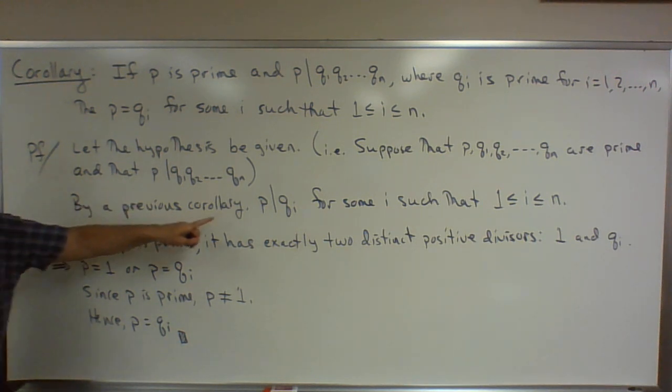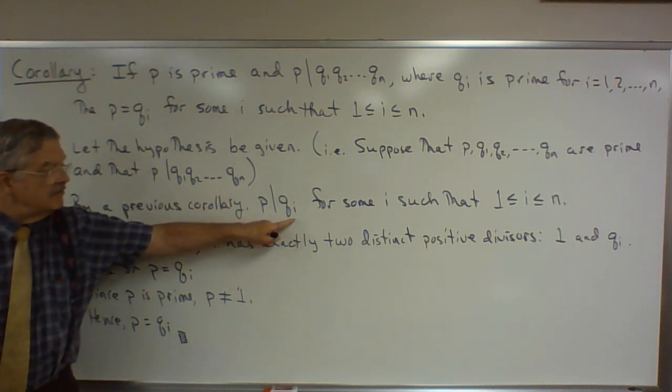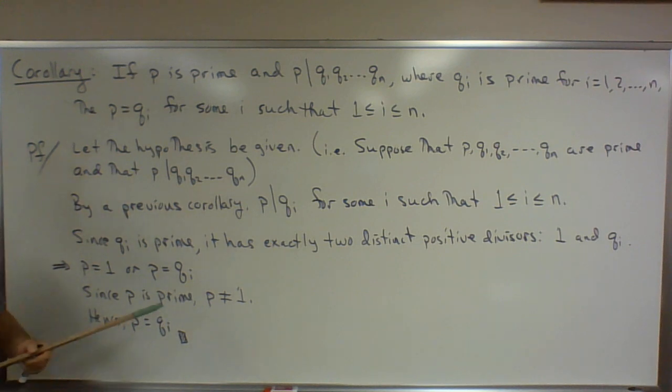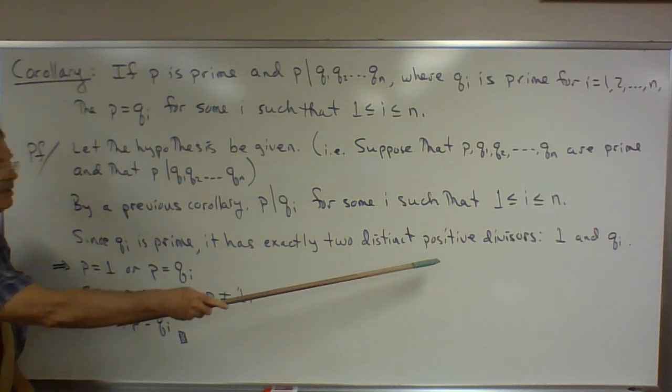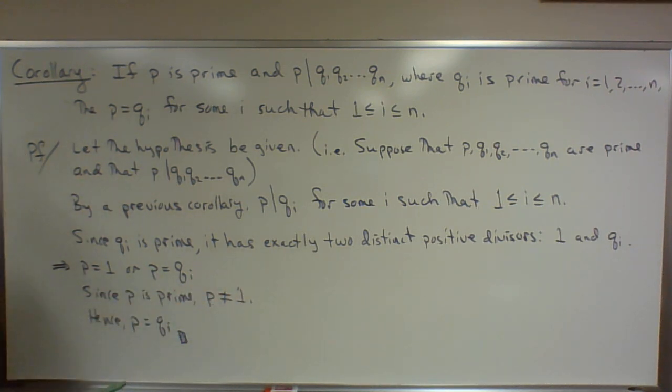And this tells us that P is a divisor of Q sub i. Q sub i has two distinct positive divisors, 1 and Q sub i, and P has to be one of those divisors. So P is either 1 or P is Q sub i.